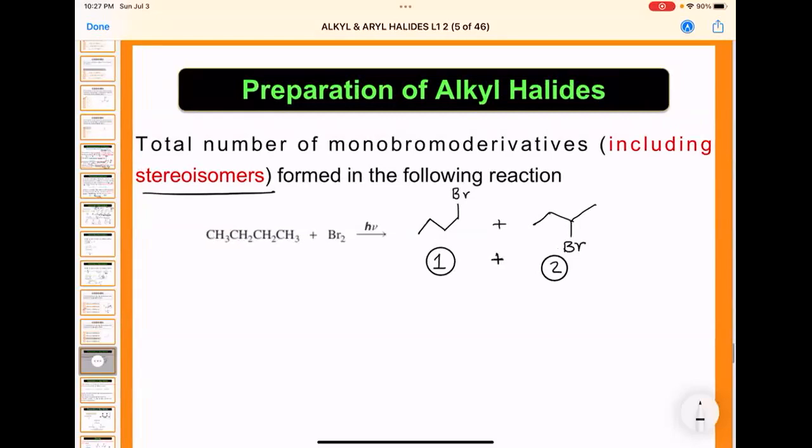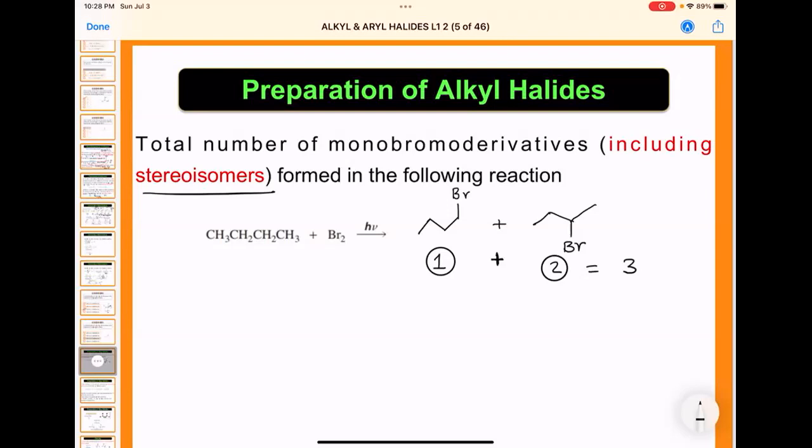If you consider stereoisomers, you will consider it as two. So you need to read the question very carefully. In the last questions which we did today, A, B, C, D, E, F, those were the questions in which we just discussed the structural isomers. That's it. You need to select where the chlorine or bromine is going to get attached.